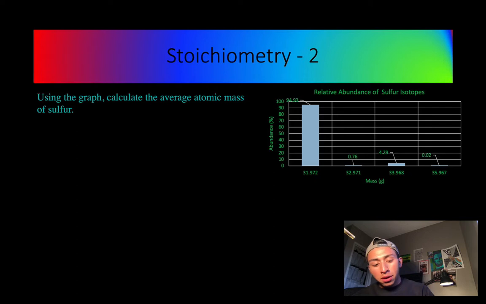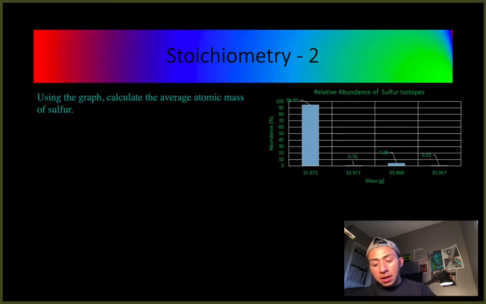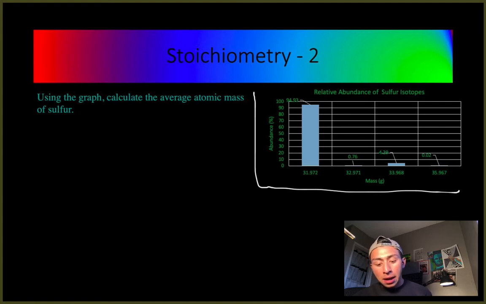So this is a graph here on the upper right hand side. Right off the bat, I noticed that on the x-axis we have our masses, and our y-axis is titled percent abundance.